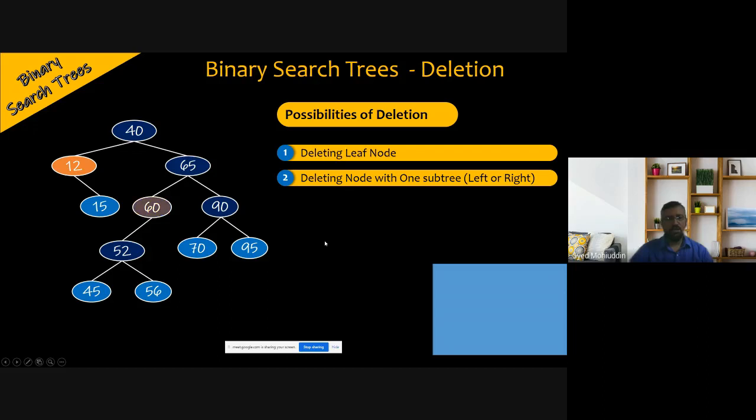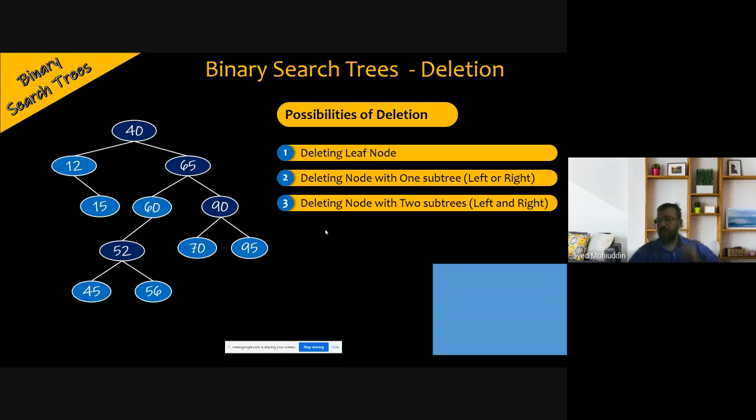If we take node 60, node 60 has a left child, the root of the left subtree. So the second possibility is deleting a node with one subtree or one child, right or left. Then the third possibility is to delete a node which has two subtrees, left as well as right.